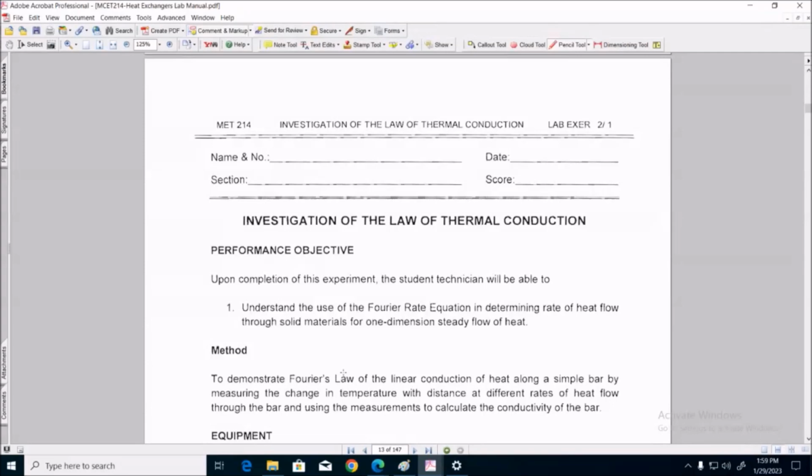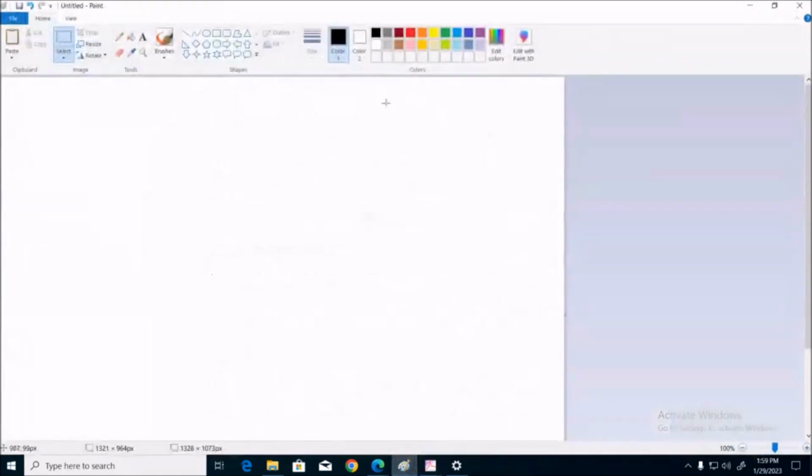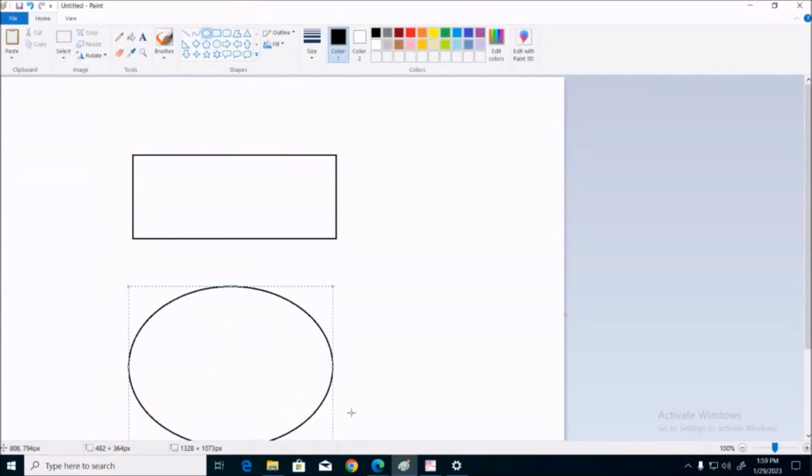So in conduction, we will do the first experiment, the law of conduction. What is the law of conduction? If you have any material, suppose this is a circular slab. If you see from the top, it looks like a circle and it has a diameter. Suppose heat Q is flowing through this.